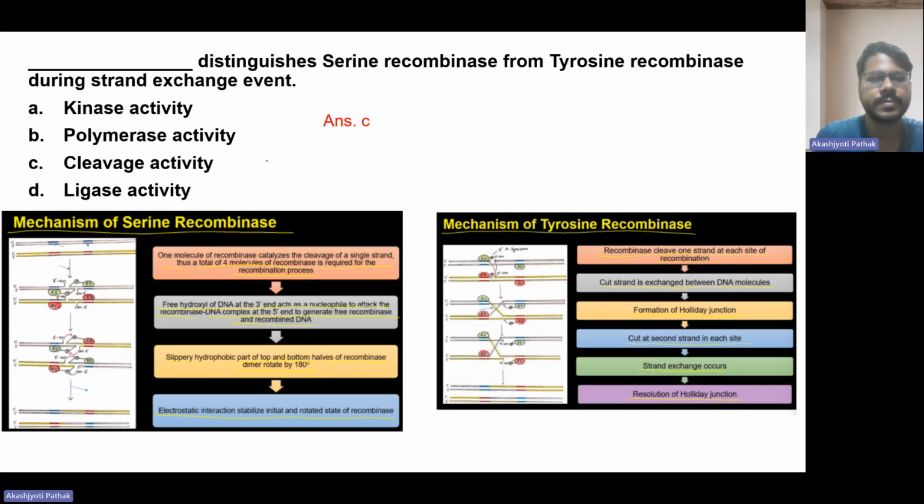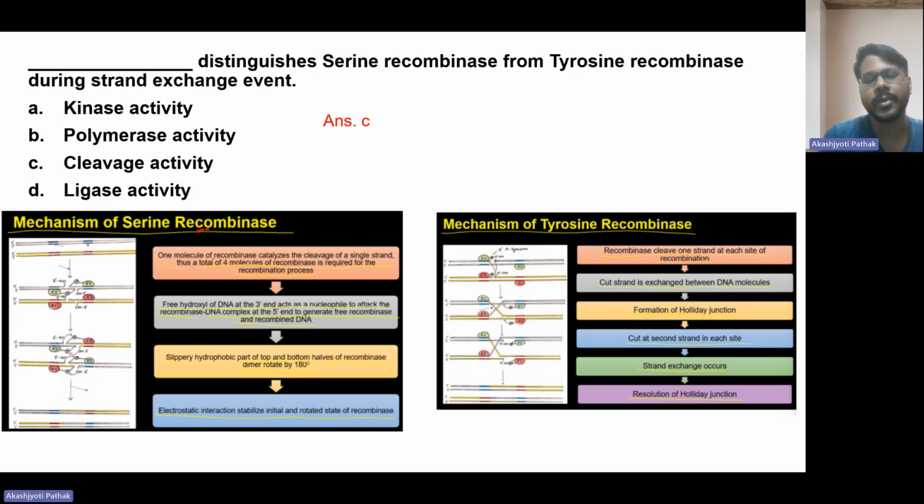So here also, in this lecture, this recombination activity was explained in quite detail. So you can read here. So in the mechanism of how serine recombinase causes recombination, one molecule of the recombinase catalyzes the cleavage of a single strand.